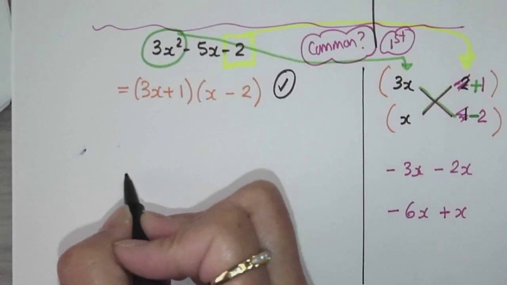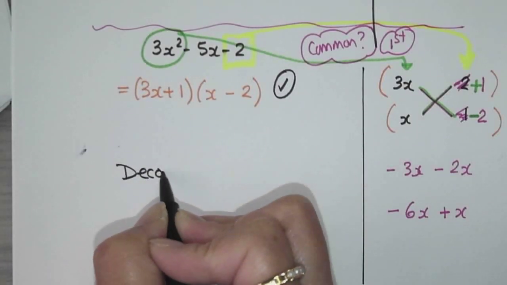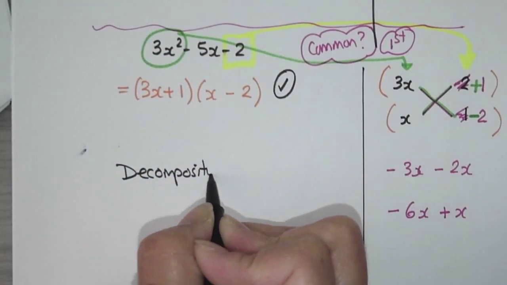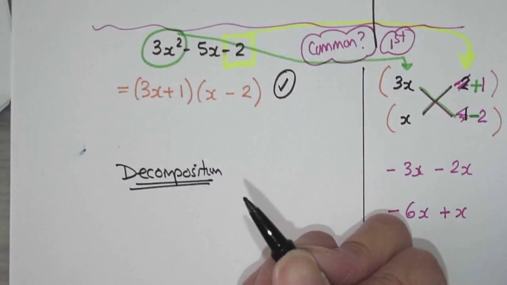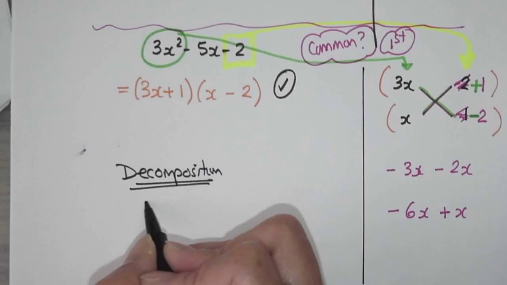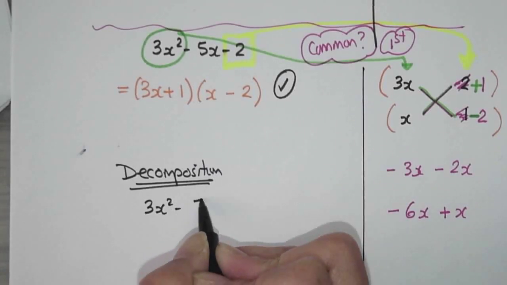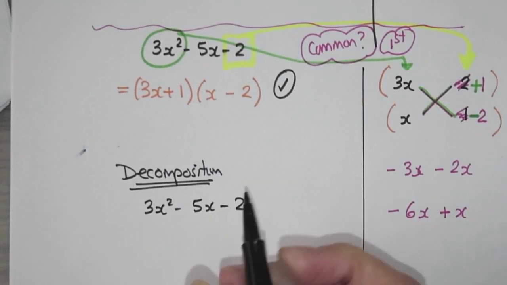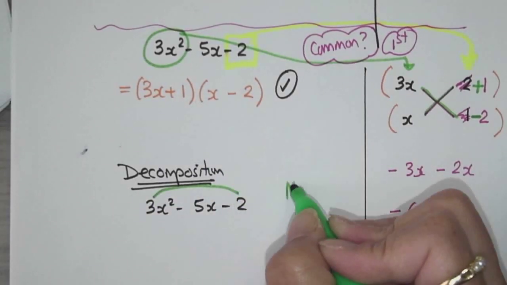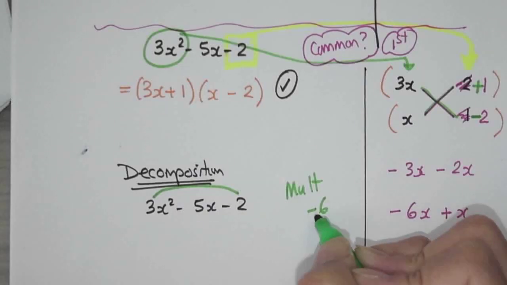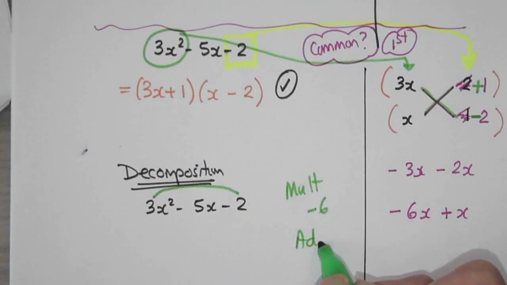The other way was the decomposition. Okay, so decomposition is where you're guessing and checking for the middle term and you're breaking it apart. So you get 3x squared minus 5x minus 2. So you're supposed to guess as to what two numbers multiply to negative 6 and add to negative 5, right?